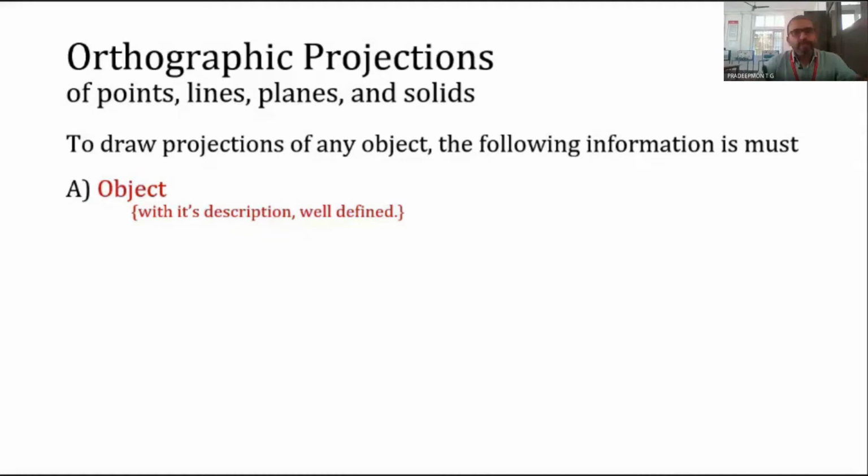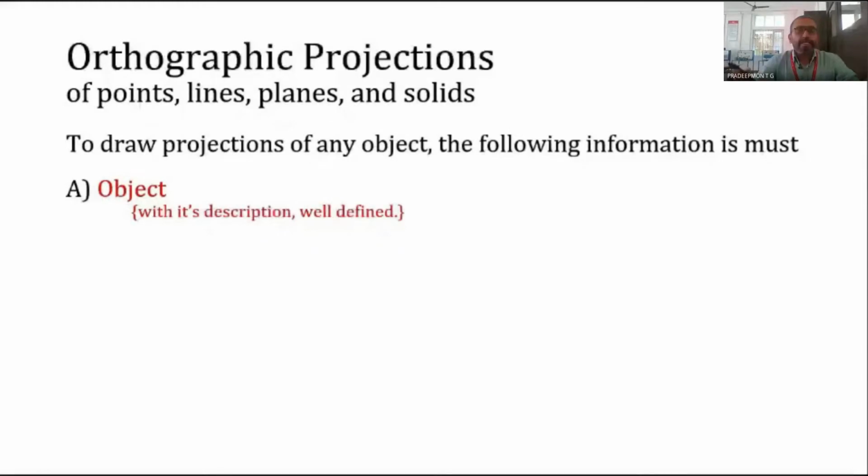In our case, the objects can be points, lines, planes, or solids, out of which only lines and solids are important for our course. Points and planes are studied in order to understand how it looks or how it is drawn. But lines and solids are compulsory in our syllabus, and you have to study how to create projections of lines as well as solids.